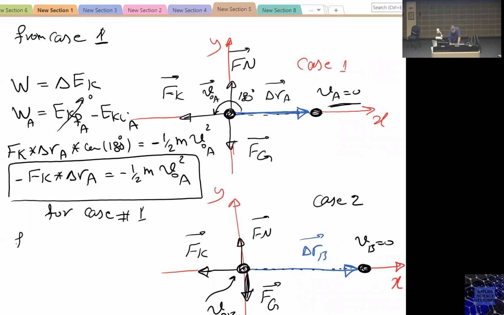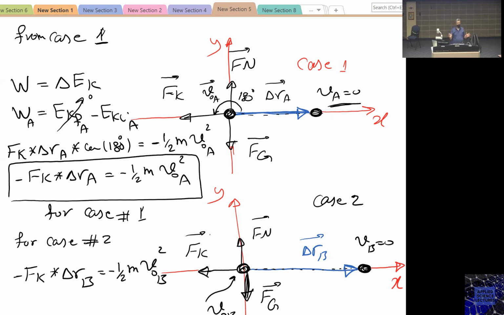For case number 2, I have minus Fk times delta RB, the same kinetic frictional force. However, the displacement here will be delta RB, equals minus half m v naught B squared. Is that right?